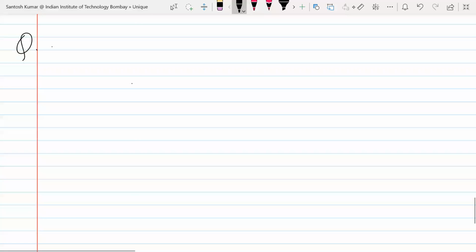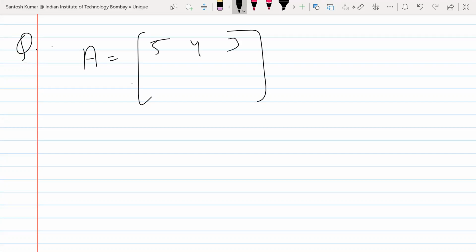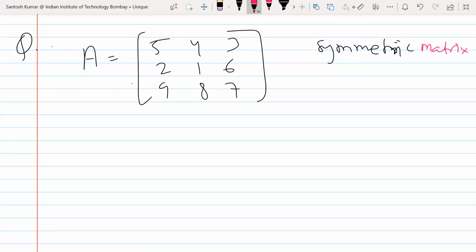So randomly you choose any matrix. Let me write randomly any matrix. You can write 5, 4, 3, 2, 1, 6, 9, 8, 7. So is it symmetric? Tell me yes or no. Is it a symmetric matrix?